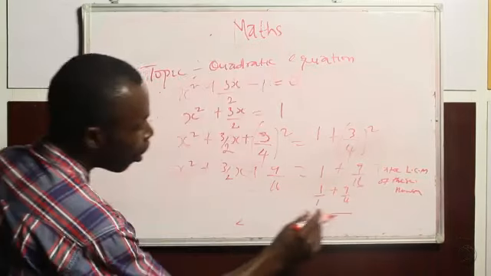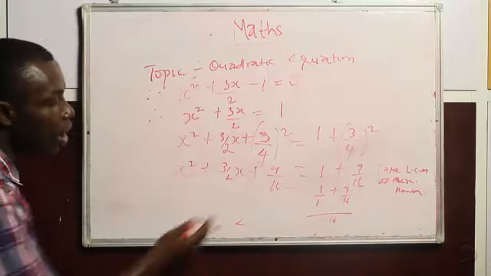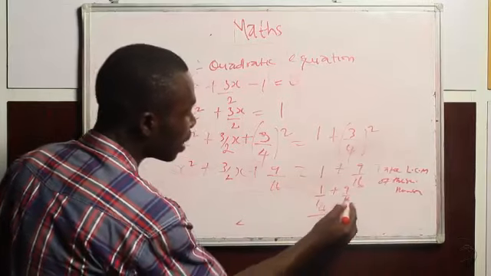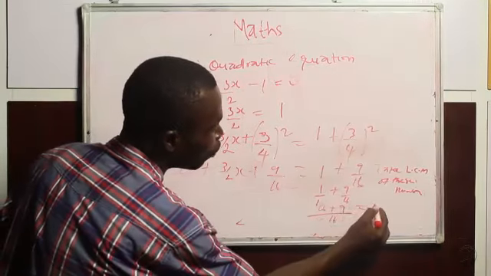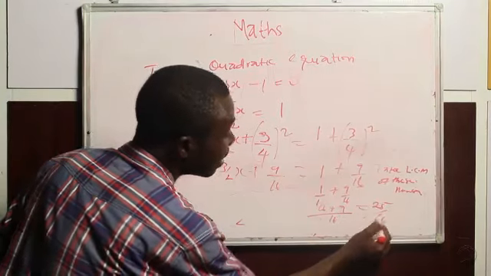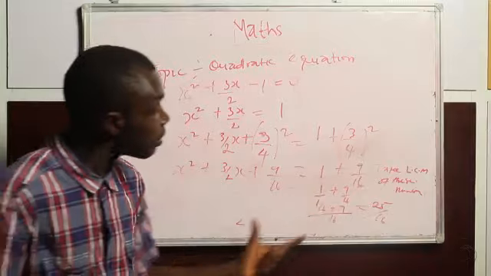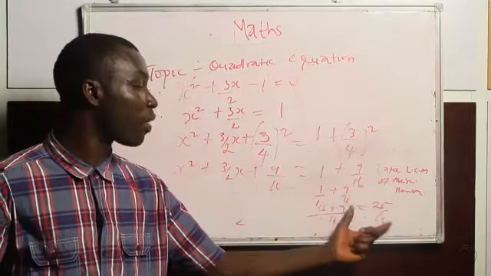We look for the LCM of 1 and 16, which is 16. How many 1 can we see in 16? 16 times 1, 16, plus 16 divided by 16, 1. 1 plus 9, we have 9. We have 25 over 16. So in our right hand side, you discover that we have 25 over 16.